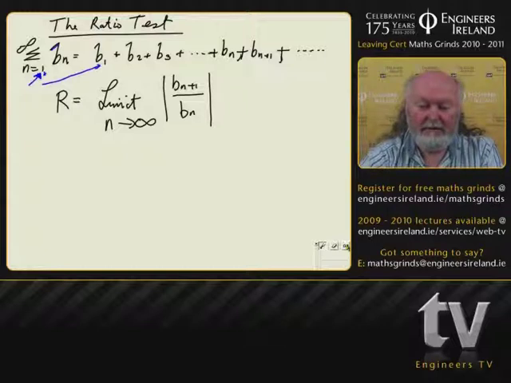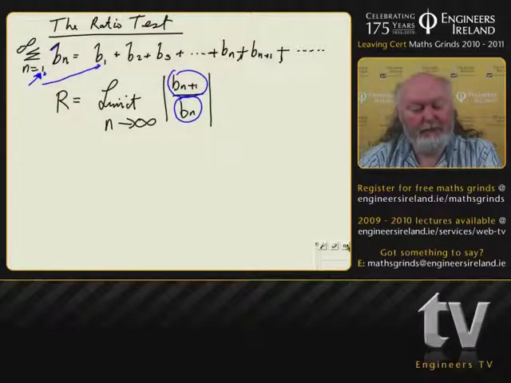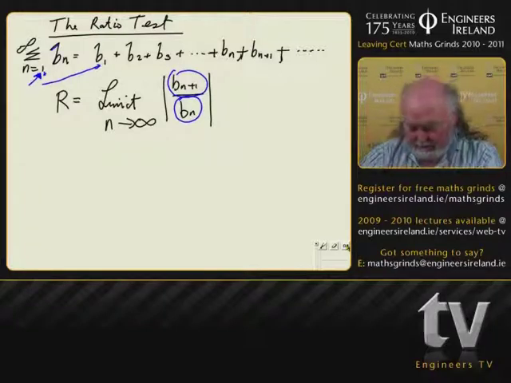We're going to look at a term divided by the term that was just ahead of it. And we're going to look at that, and we're going to find the limit as n goes to infinity.